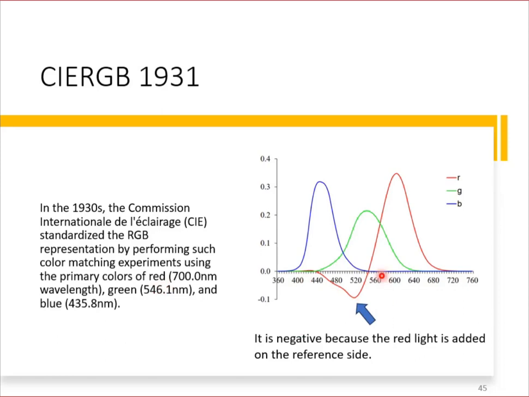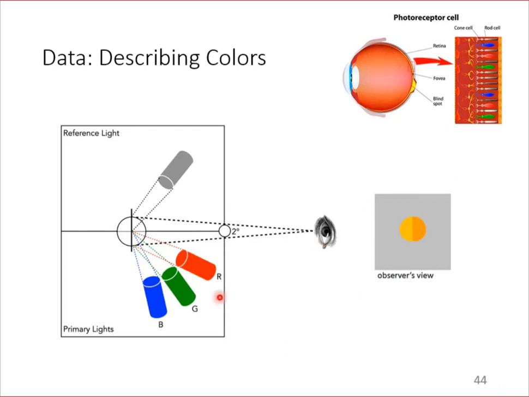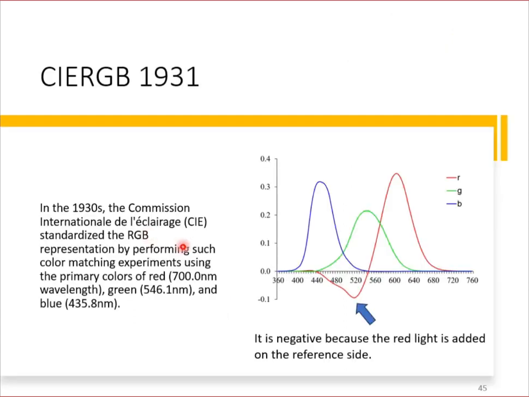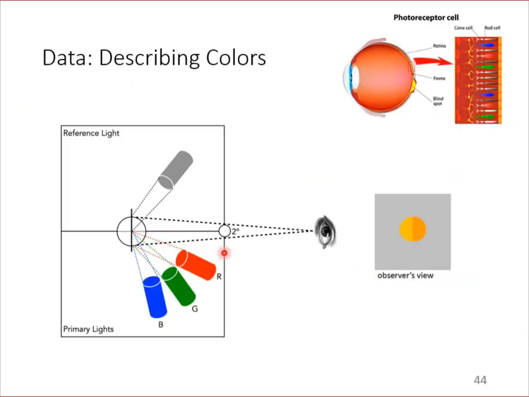However, there is a negative part. So the meaning of the negative part, let's go back to the fact. Because the light is added on one side. And of course, for certain light in this region, the wavelength between 440 nanometers to 550 nanometers, no matter how much red light you add to this side, they cannot make an observer feel the 2 lights are equal.